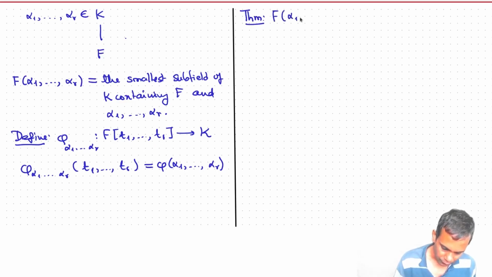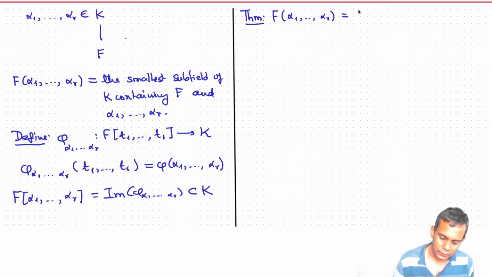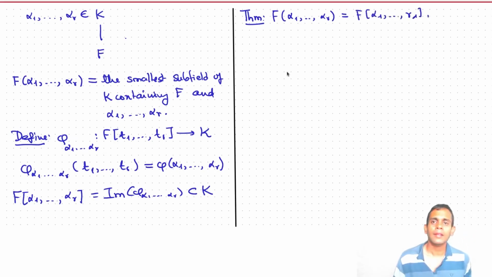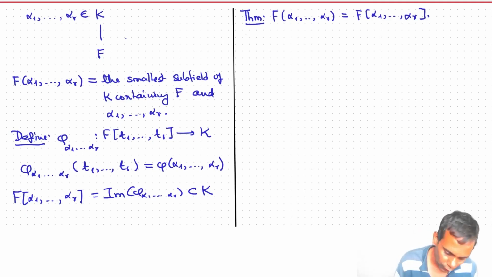Let's define F[alpha 1, ..., alpha r] as the image of phi alpha 1 to alpha r, which is a subring of K. So this is equal to F(alpha 1, ..., alpha r). The proof of this goes by induction on r.